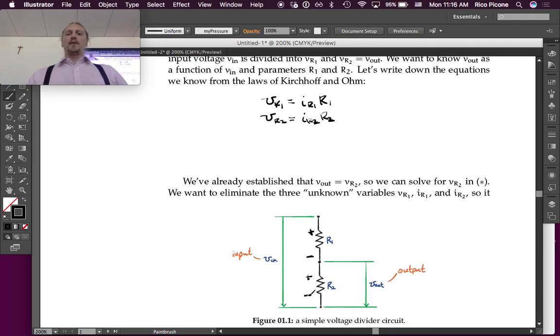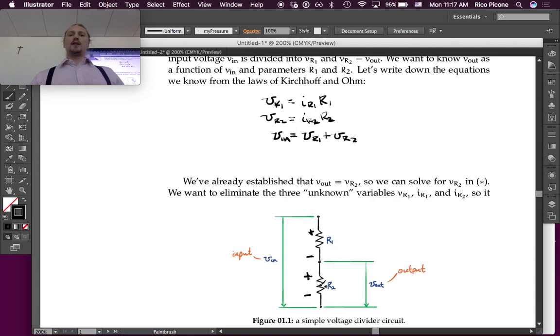We could have chosen plus and minus to be anything, but we chose it to be that way because top to bottom being drops is pretty typical to see. We'll talk more about signs later, but for now, that'll suffice. So what can we say that Vin is equal to in terms of VR1 and VR2? The sum, yeah. So it's just VR1 plus VR2.